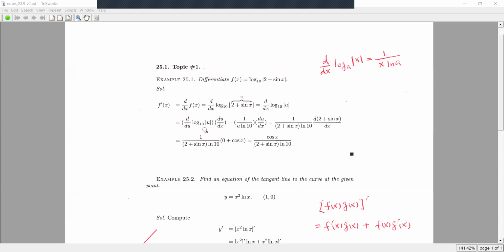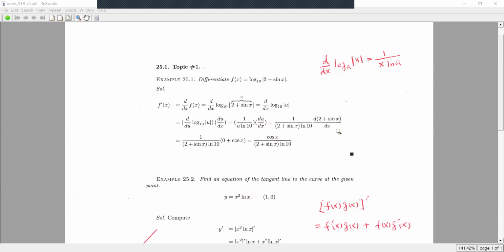This derivative by formula is 1 over u times natural log of 10. Now, remove the intermediate variable u. Plug in 2 plus sine of x in the u here, then I have this equation.